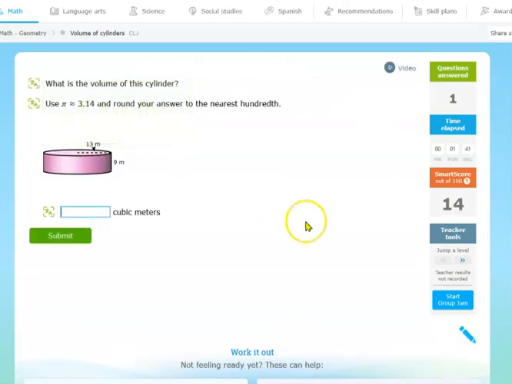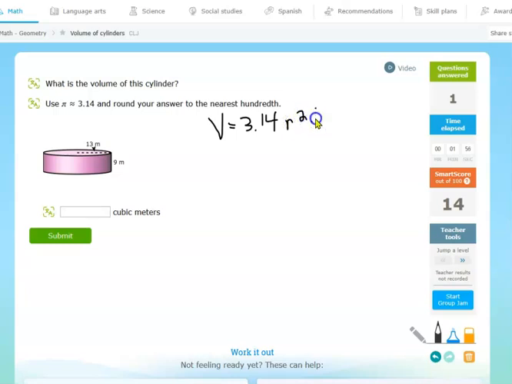Okay, another cylinder problem. Let's put our formula up here on the board. So the volume of a cylinder is equal to 3.14 times the radius squared times the height. Okay, let's start to fill this in. So 3.14.